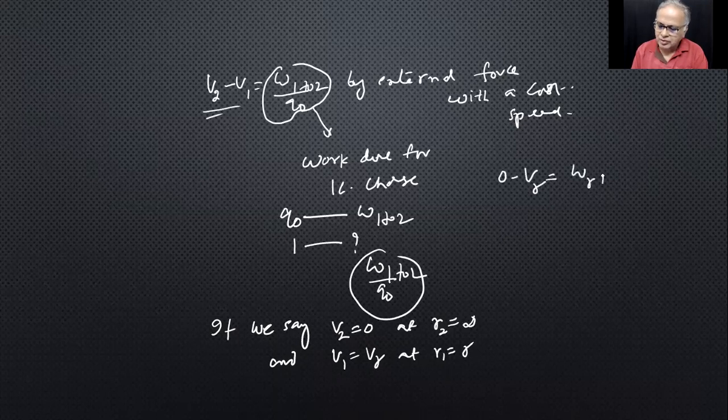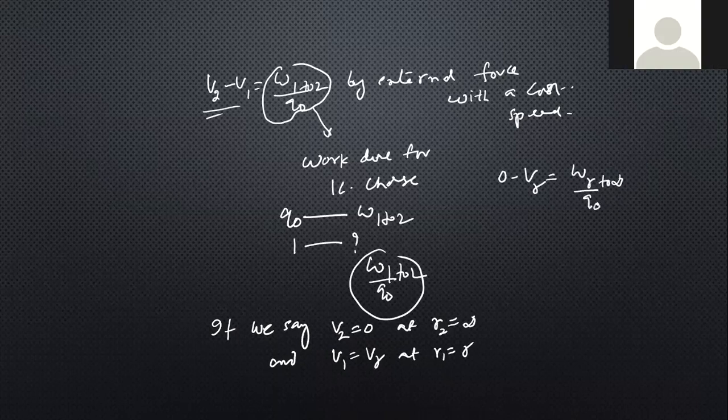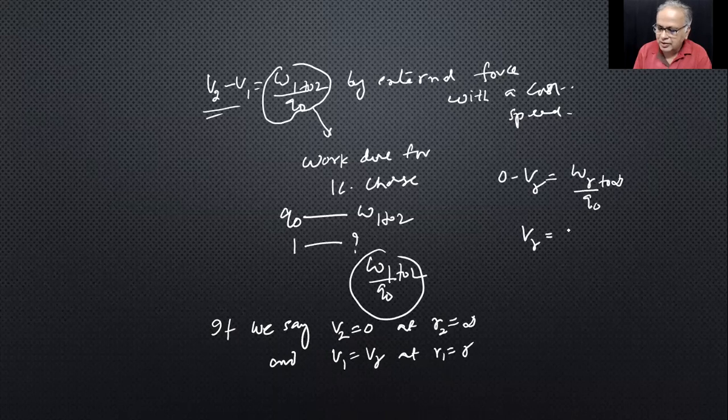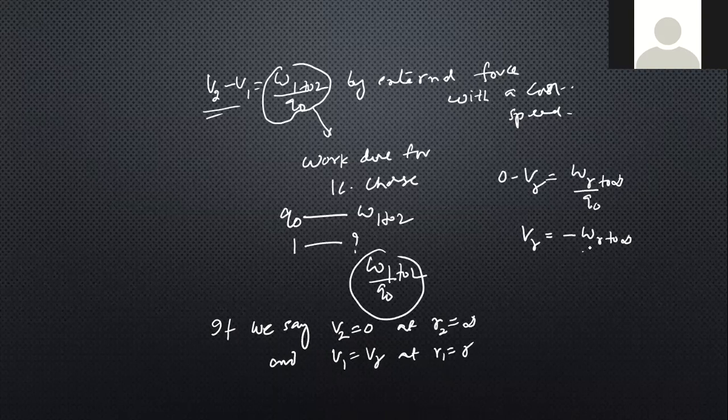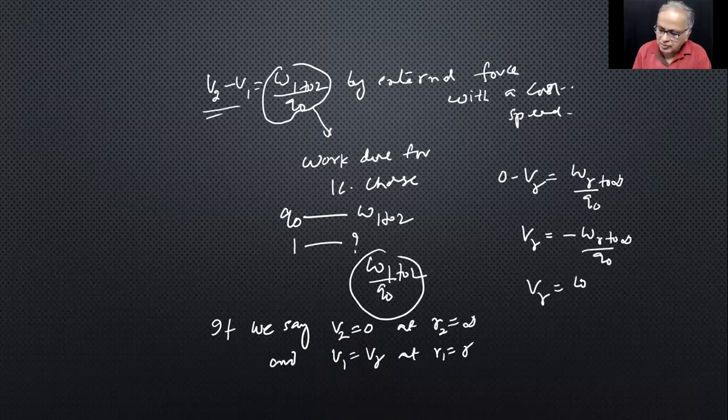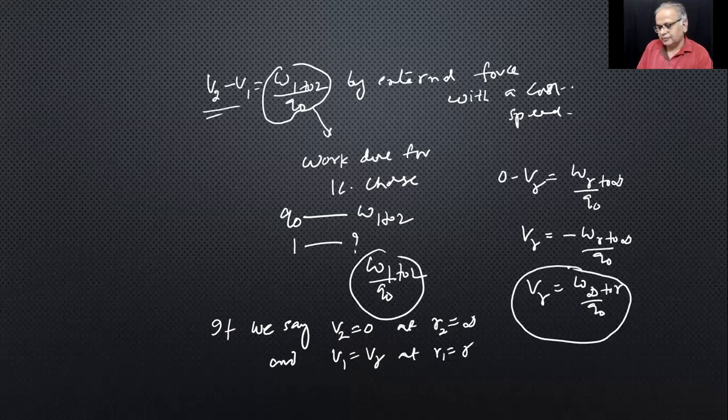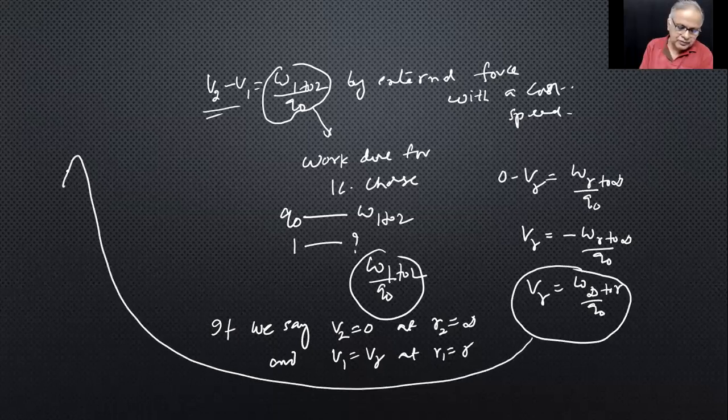W R to infinity by Q naught. Or it will be V at R equals minus W R to infinity by Q naught, which means V at R equals W infinity to R by Q naught. Do you follow? So this is our practical definition.